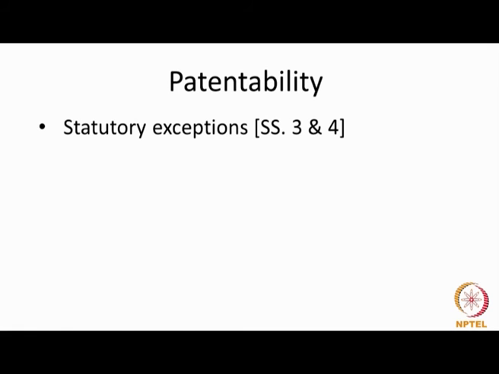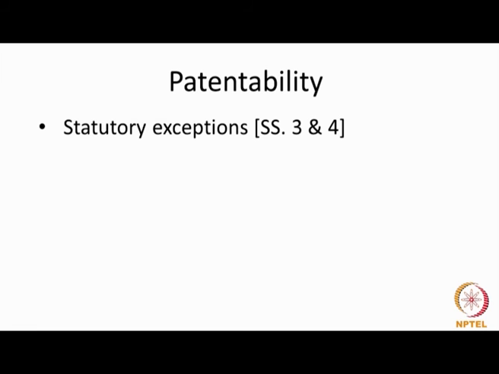So we call this the positive and the negative thing. The positive thing is that it has to show that the invention is new or it involves novelty, it involves an inventive step, and it is capable of industrial application or utility. These are the positive things. So when you file an application for a patent, you have to show that these three things do exist.